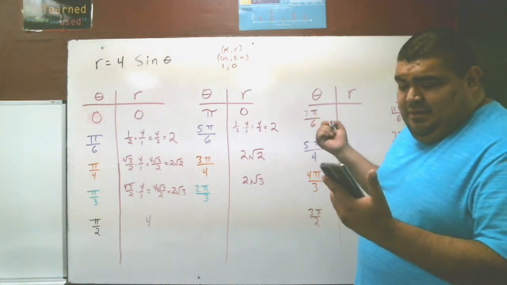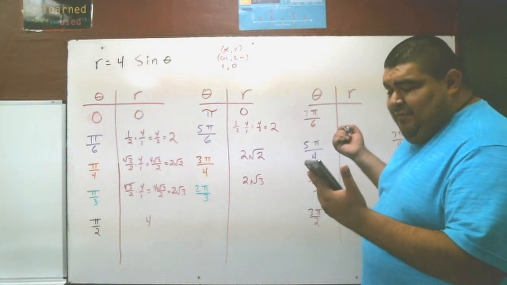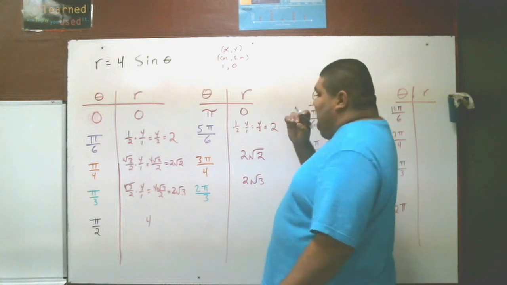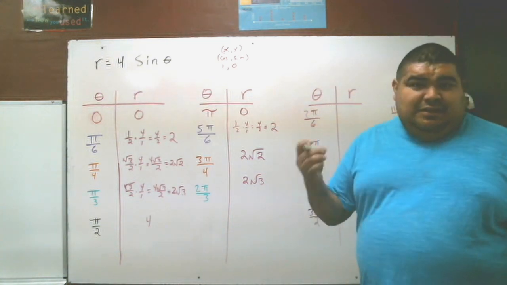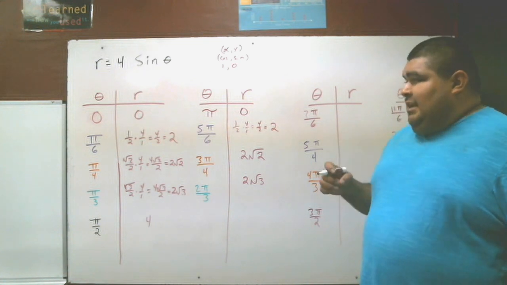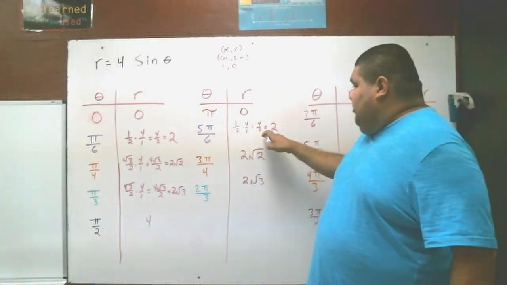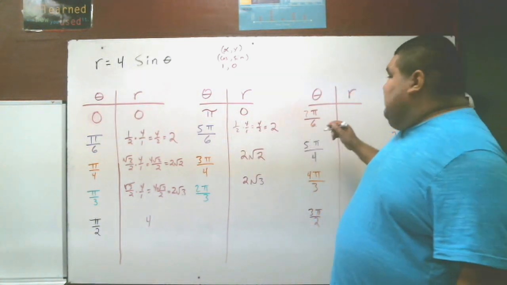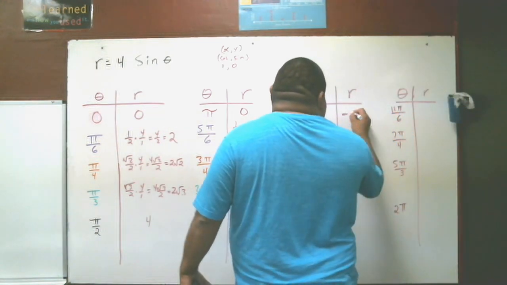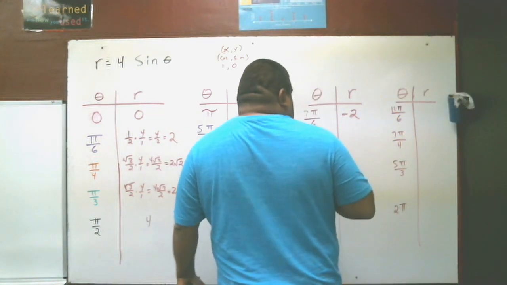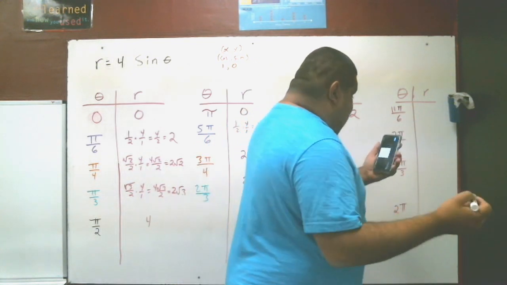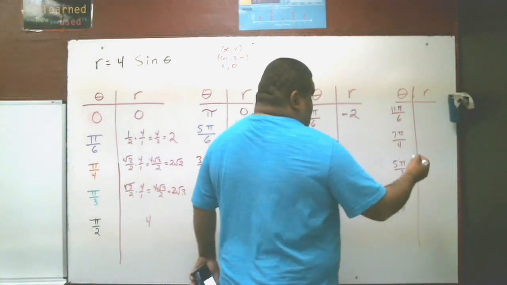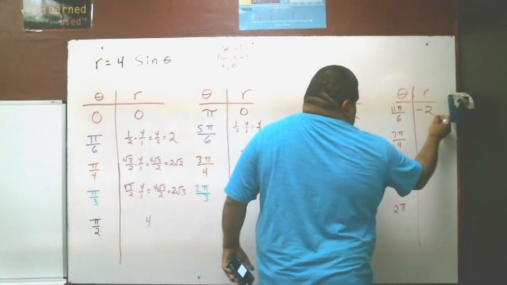This time, we have a negative 1/2. The only thing that's going to change now is that sign, because it's technically the same number, the only difference is the sign. So this time, since the 6 was 2, the 7 over 6 is negative 2. Since we're dealing with the 6's, on 11 over 6, we still have a negative 2. So technically, it's the same thing.